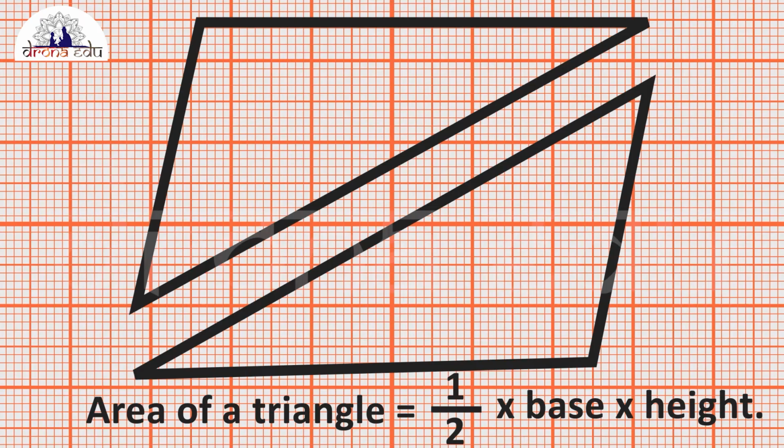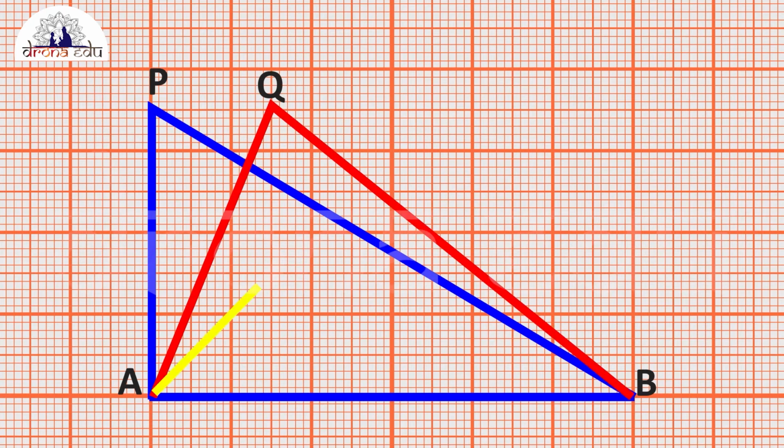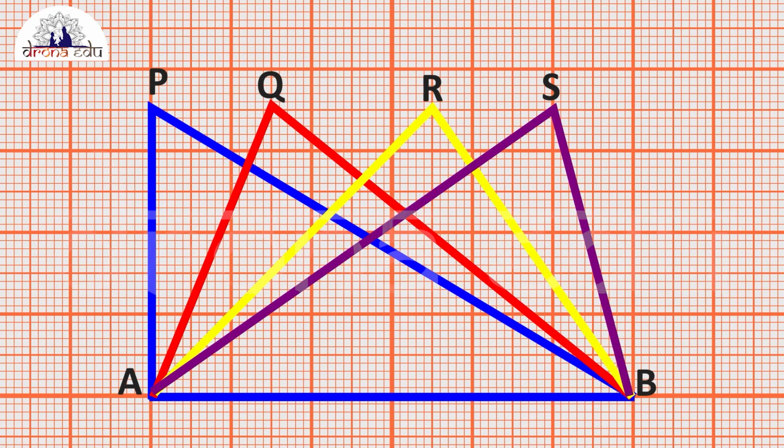Let us take a situation where four triangles are drawn on a single base. If I take a base like this, the four triangles will be drawn with this base. The interesting fact here is that all these four triangles drawn will be of equal area.